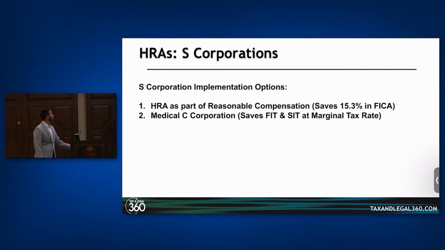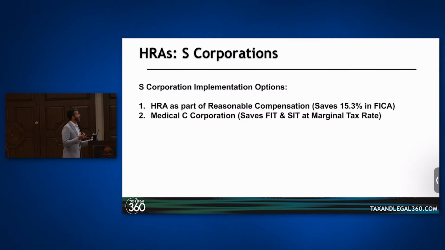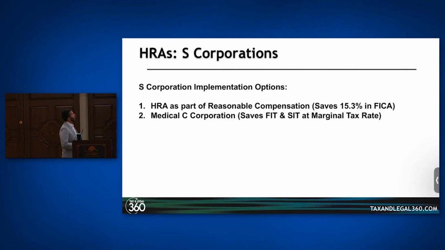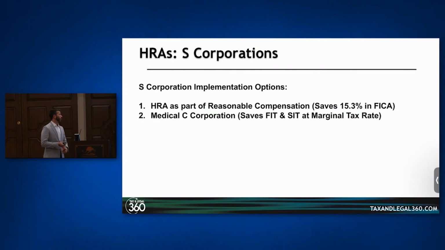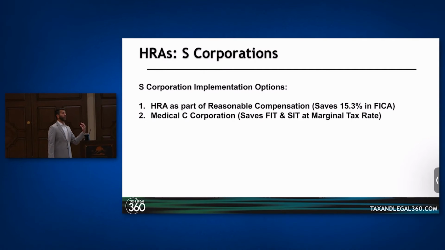With the medical C corporation, the tax savings you receive is whatever your federal income tax and state income tax marginal tax rates are. Saying that a different way, if your federal and state marginal tax rates are greater than 15.3%, then perhaps it might be better for you to go the medical C Corp route. That'll make more sense in just a moment.